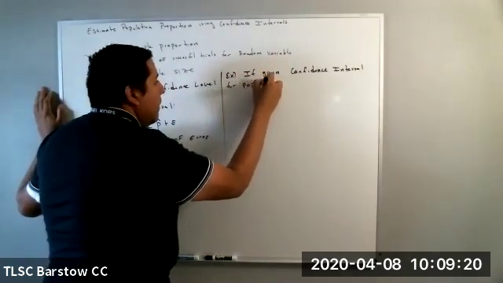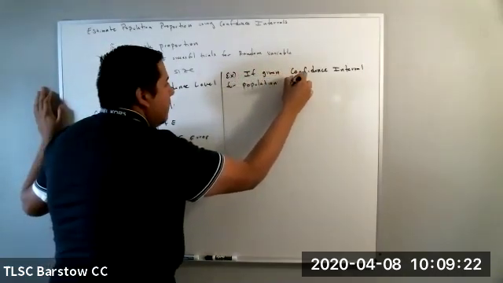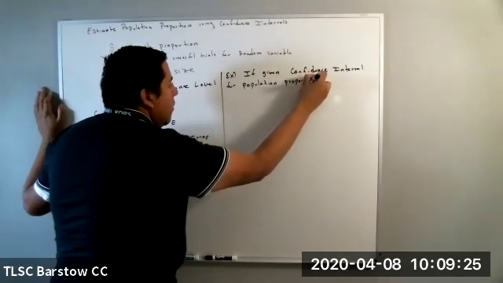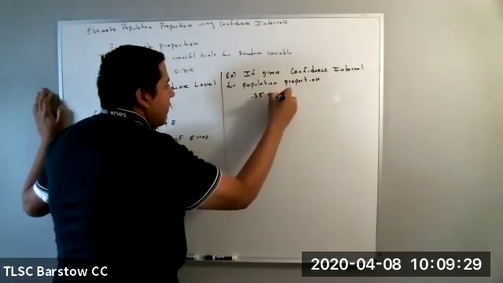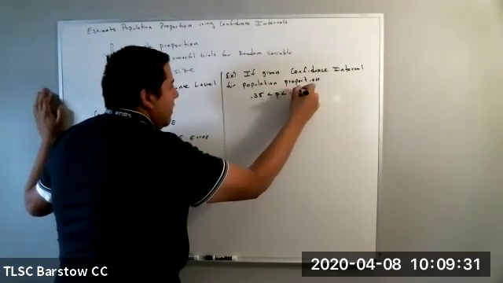Population proportion. So say they give us 0.35 less than P less than 0.65.